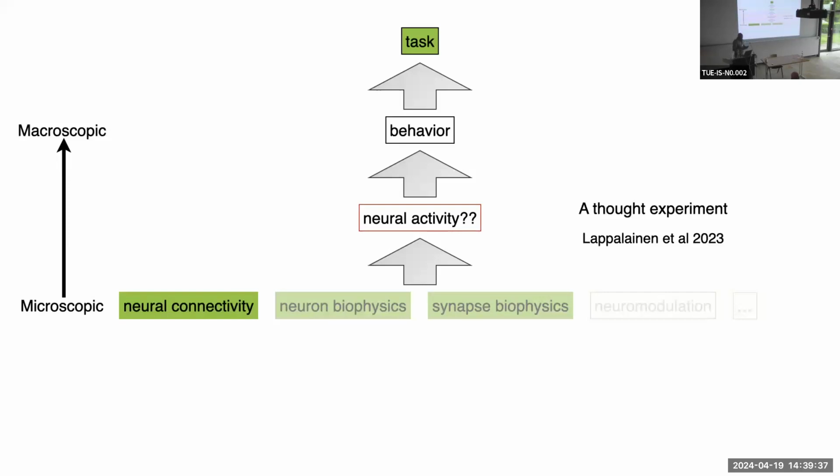But if we know something about the computation that collectively this network is trying to perform, the task, let's say, in what Tommy was talking about, it's maybe at the highest level of what the computational level is. Let's say we know that, and we know the details of the connectivity. Can we then put them together and now make predictions of neural activity at the level of single neurons? Can we now, with measurements at two different scales, make really nice predictions? So that's sort of the setup here.